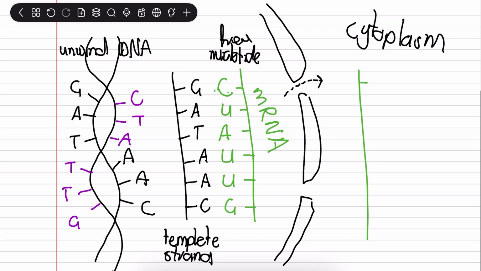So now we're going to go 1, 2, 3, 1, 2, 3. So now we have a C, a U, and a U, a U, and a G. All right. So basically now all we're going to do is, again, bind.